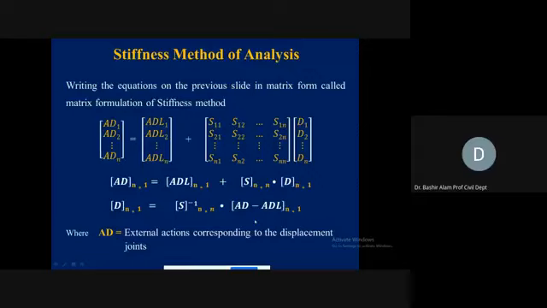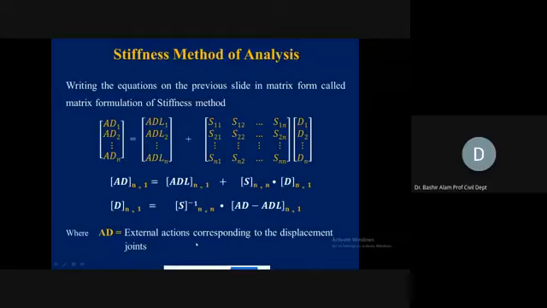Now you can see the definition of these various terms, four terms we have. AD is the external actions corresponding to the displaceable joint, the joint displacement. So this will be the external action. There we were looking for the precondition because of the settlements. If you remember, if something corresponded to the redundant action, we included those in the DRS matrix.